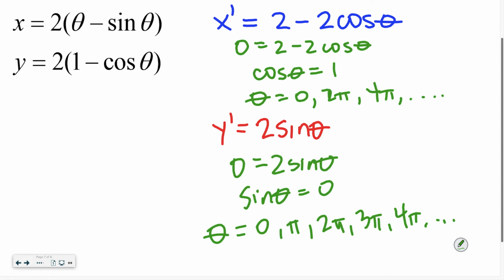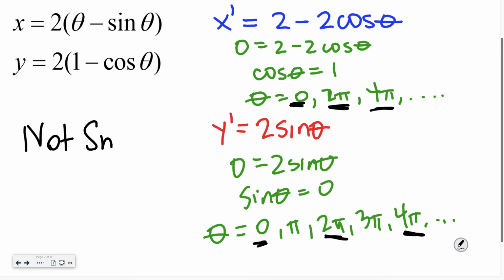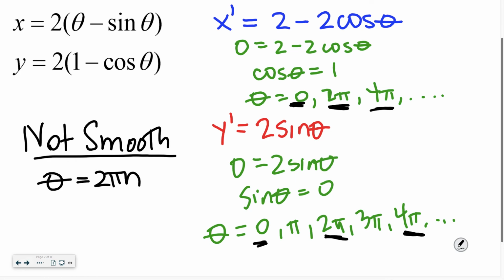Caleb, where are they 0 at the same time? At 0, 2 pi, and 4 pi. So we are not smooth at theta equals 2 pi n: 0, 2 pi, 4 pi.